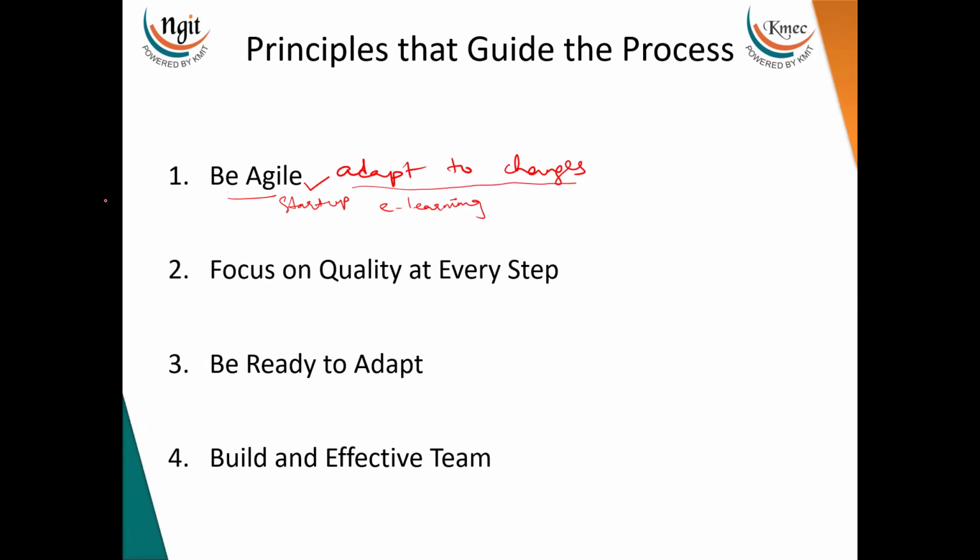Clear? So let us focus on the second point. This second point says focus on quality at every step. We have to ensure that each step in the development process maintains a focus on high quality.